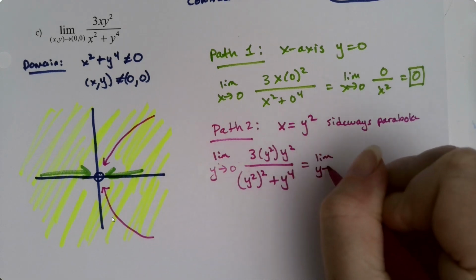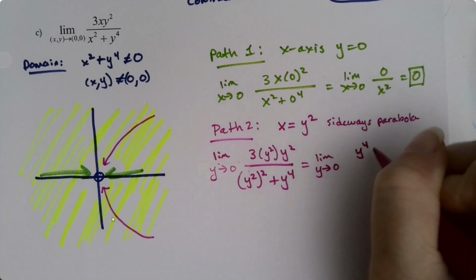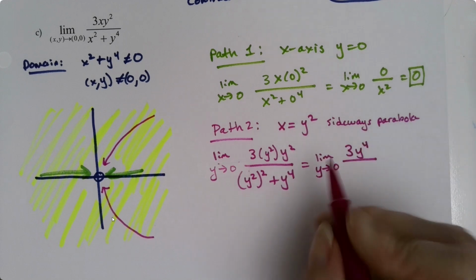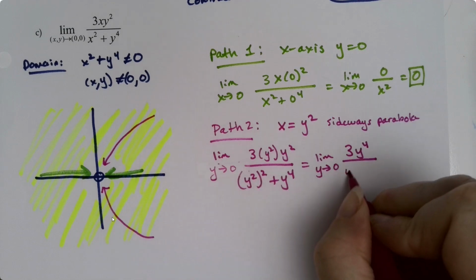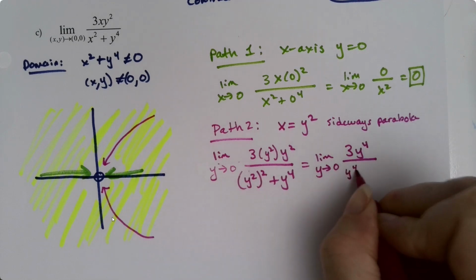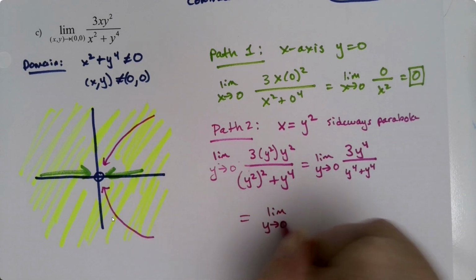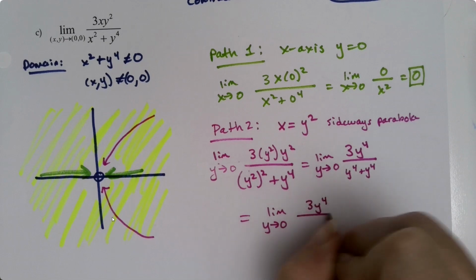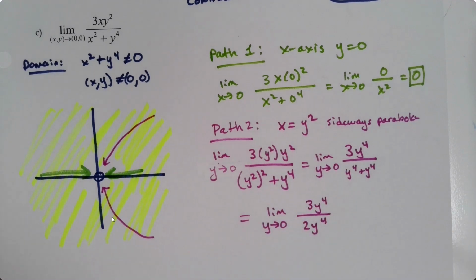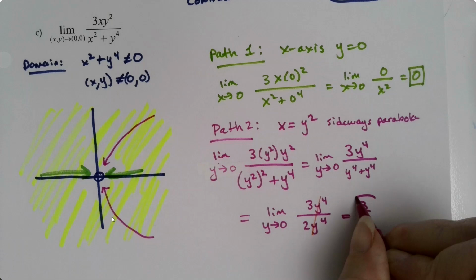So that's the limit as y goes to 0 of 3y to the 4th over, this is y to the 4th plus y to the 4th. So that would be the limit as y goes to 0 of 3y to the 4th over 2y to the 4th. The y to the 4th would go, and we'd be left with 3 halves.